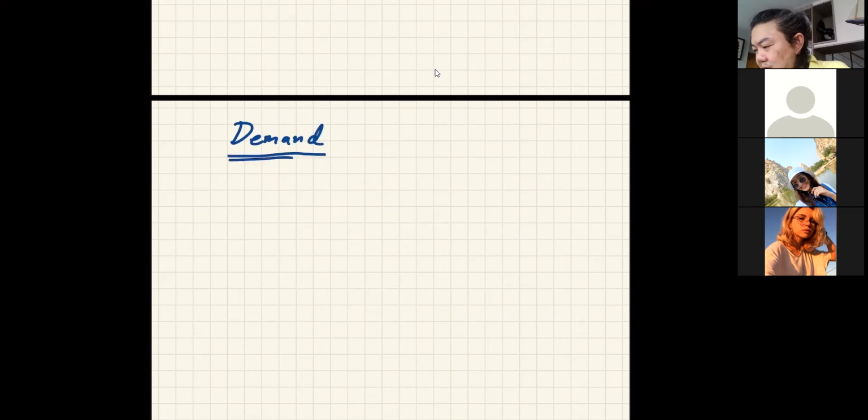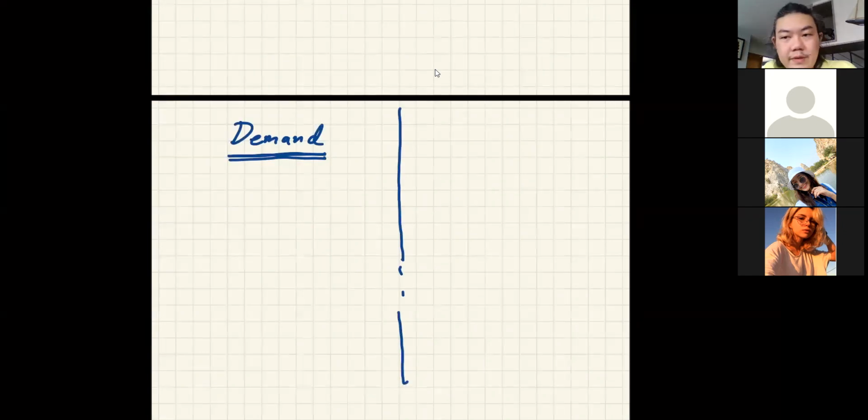Now on the demand side, we know it's a load. But right now for the steel design, we have two design philosophies. We can just take the load as it is and combine them without doing anything. That is called the service load.